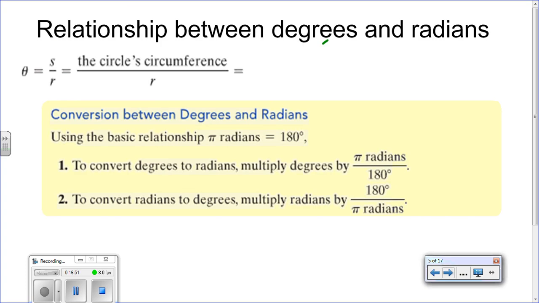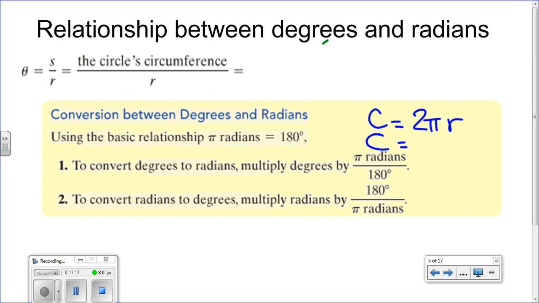Okay, so now the relationship between degrees and radians. Let's see. So you already know that to find the circumference, right, like the perimeter of a circle, that we call circumference of a circle, not the area, what is the formula for that? For circumference? 2 pi r? Yes. 2 pi r. Right.